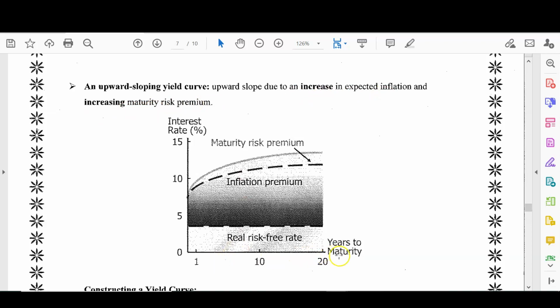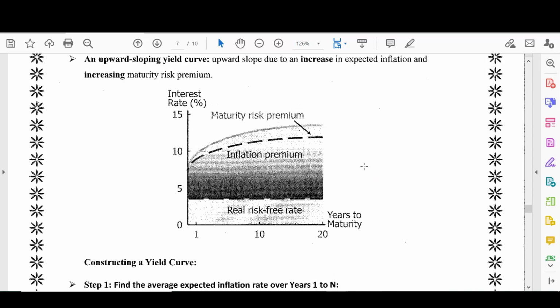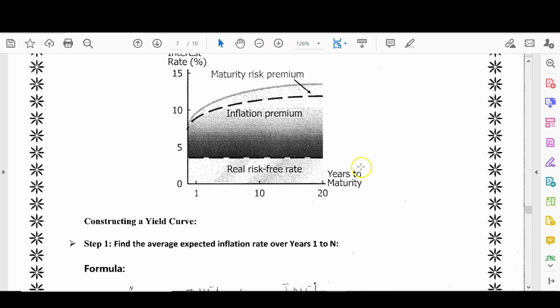For longer term bonds, usually we have higher MRP, and we also have higher IP, while the R star risk-free rate is not changed. So the interest rates should be higher for longer term bonds. All right, so this is a typical graph for the yield curve.